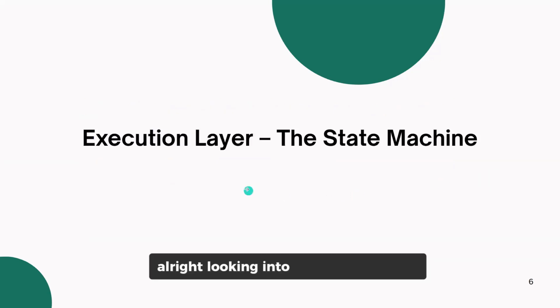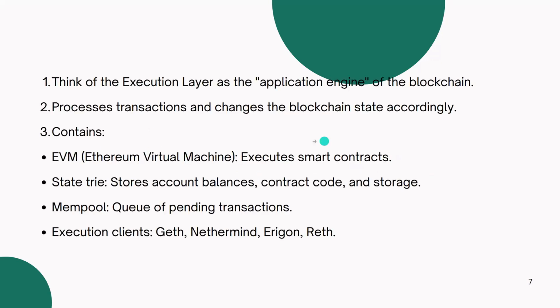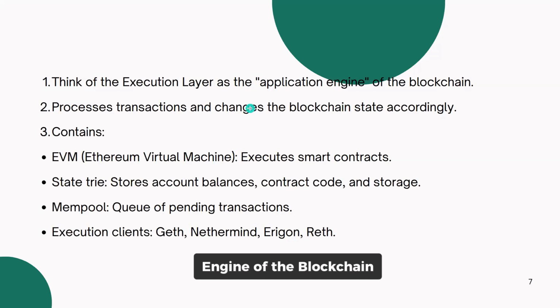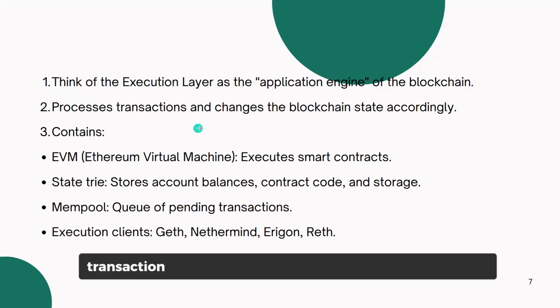All right, looking into the state machine, the execution layer now. Think of the execution layer as the application engine of the blockchain. It processes transactions and changes the blockchain state accordingly.